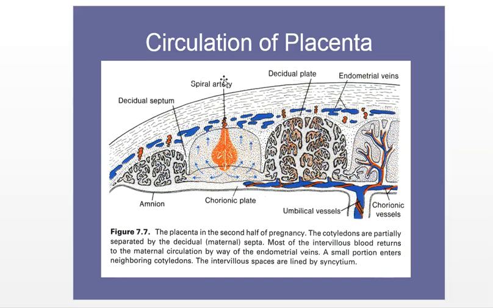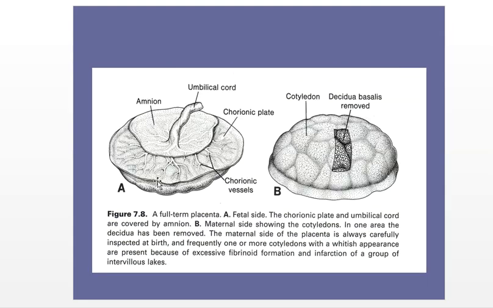As a result of septum formation, this is a septum and septum and septum, the placenta is divided. In this picture you can see the placenta divided into a number of compartments or cotyledons. Each part here is a cotyledon, and the border of each cotyledon is formed by the decidual septa.